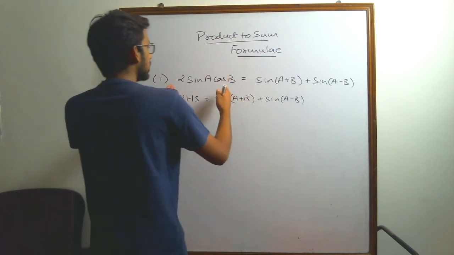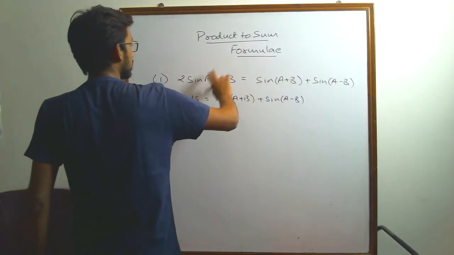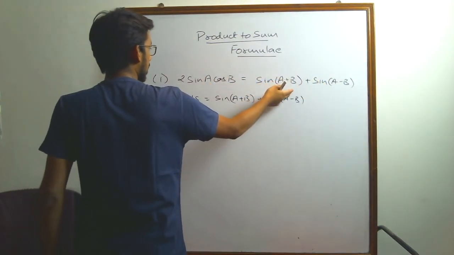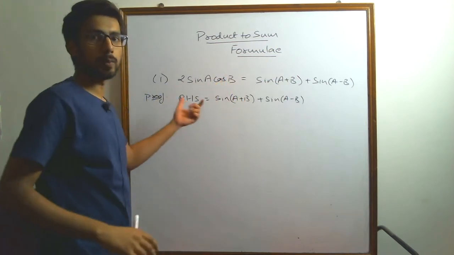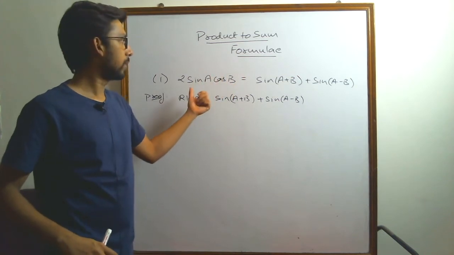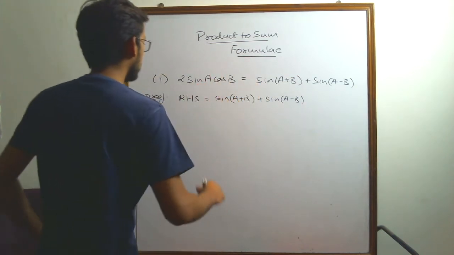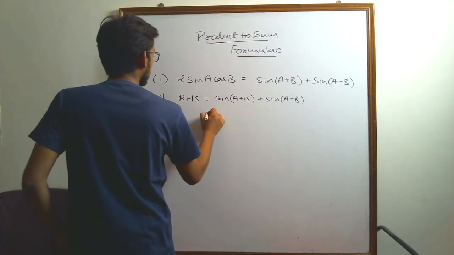Also the left hand side is equal to the right hand side, and we can always proceed from this to this, or we can proceed from right hand side to left hand side. It is valid. So you always have to remember it both ways. You can apply them in both ways. Okay, alright. So now let's look at the proof.